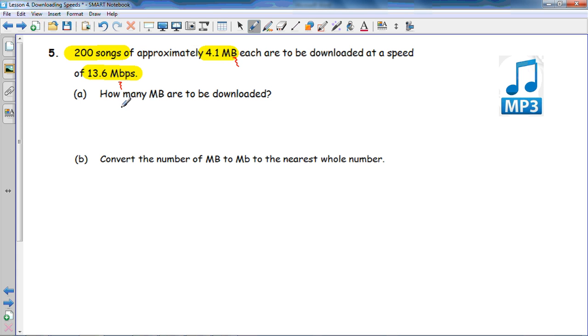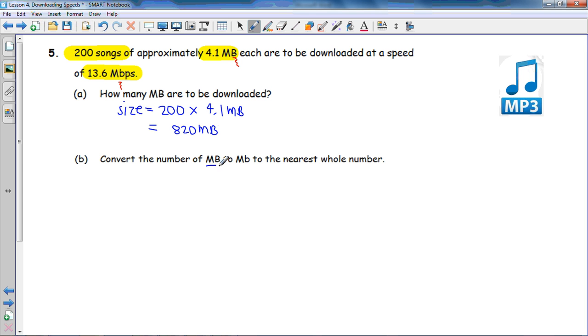So we have the size to download, and that is 200 worth of songs times 4.1 megabytes each song. I'm going to do that multiplication. I'm going to get 820 meg that I have to download, which is relatively sizable.